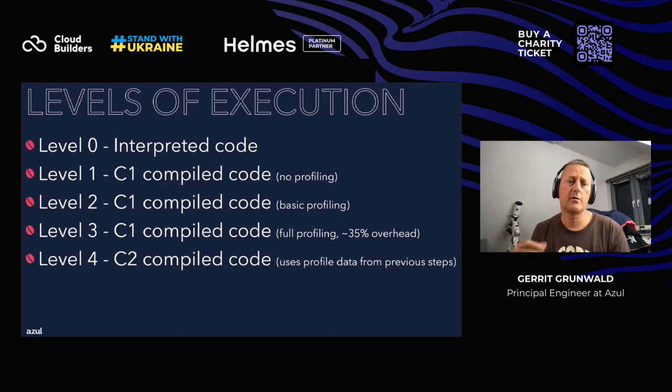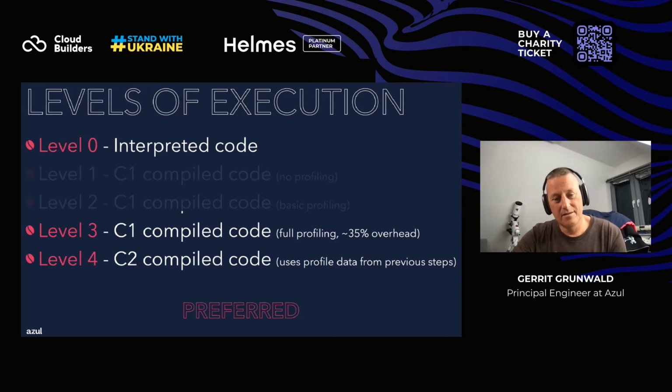If we speak about level 0, then that means this is the interpreted code. Then we have level 1, which is compiled code without any profiling. Level 2 is C1 compiled code with basic profiling. And level 3 is C1 compiled code with full profiling, which has a little bit of an overhead. And then there is level 4, which is C2 compiled code, and this uses the profiles from the formerly compiled code.